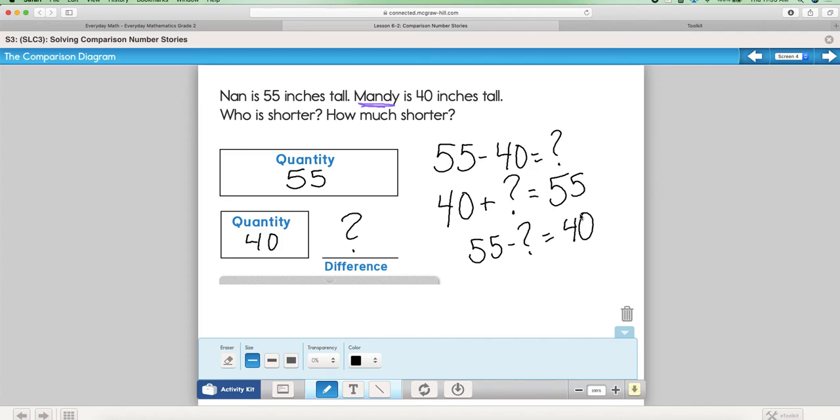If you choose to add, then you need to start with a smaller number and count up to the bigger number. You could do it that way, yes. But you're not adding the two numbers together. We're not adding the two numbers together.